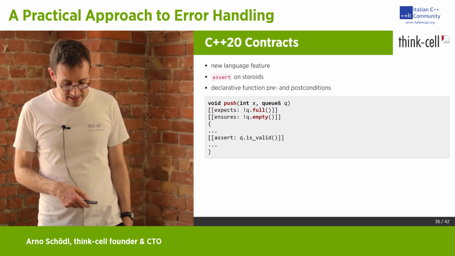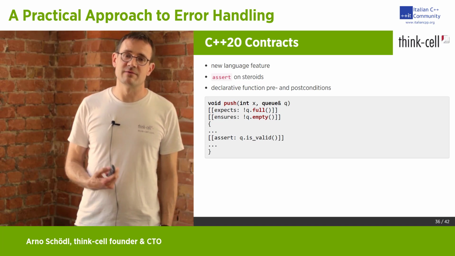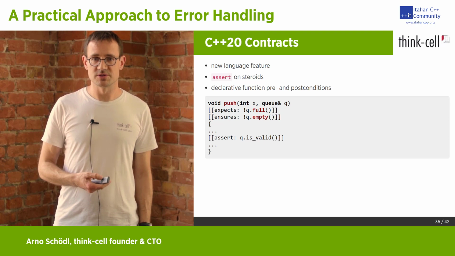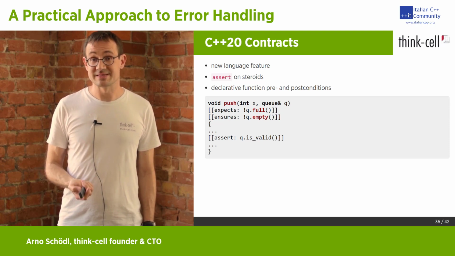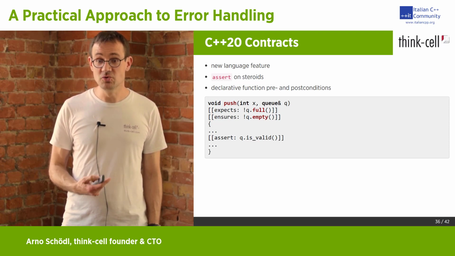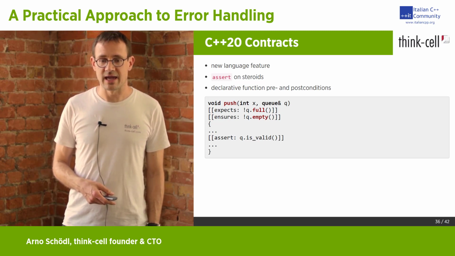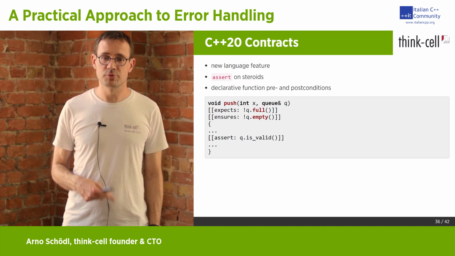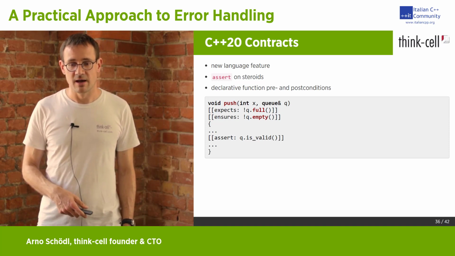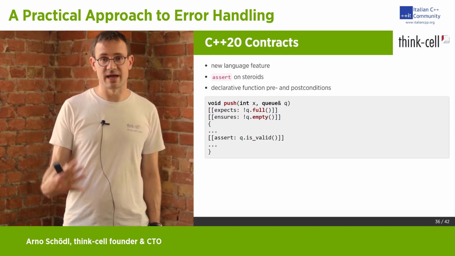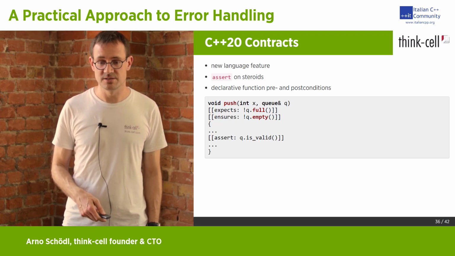Now, I want to talk at the end about a feature that would influence error reporting quite a bit. It's C++20 contracts. It's actually a new language feature. It's a little bit assert on steroids. You can declare certain function preconditions and postconditions as part of the language in your function declaration.